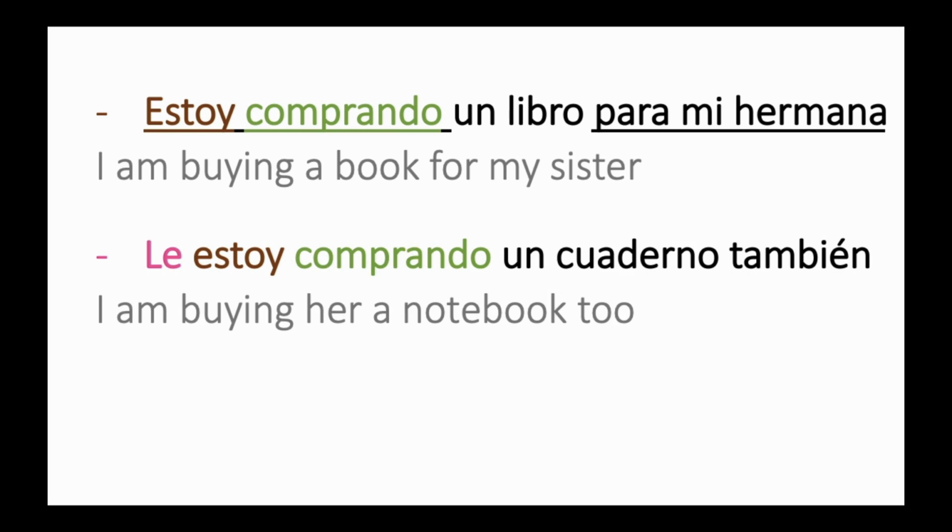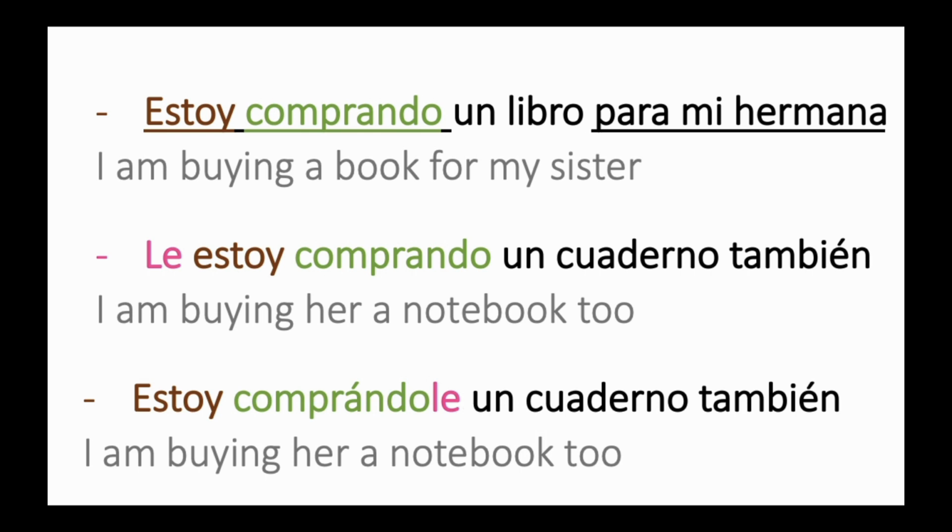Back to our example. Your other option, estoy comprándole un cuaderno también. I am buying her a notebook too. In this case, when you're using the present progressive and we attach that le to the second verb, the word becomes longer. And in this case, when you have the present progressive, you will need to add an accent.